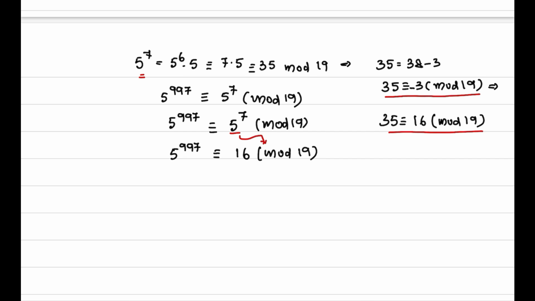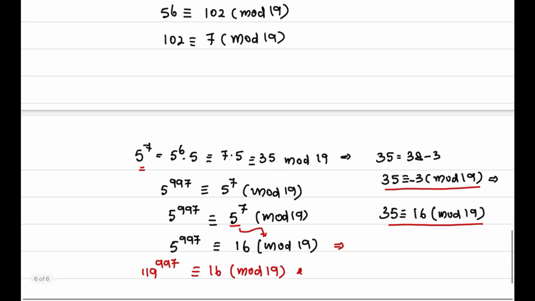That ultimately gives 119 to the power of 997. We will come back to our original equation: it is equivalent to 16 mod 19.